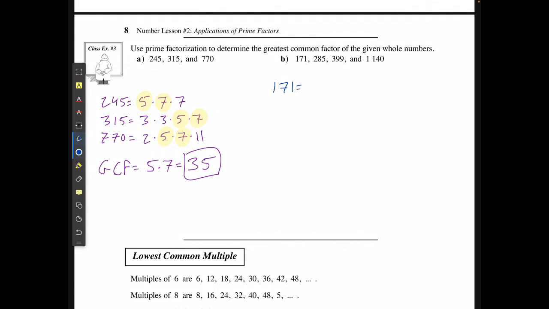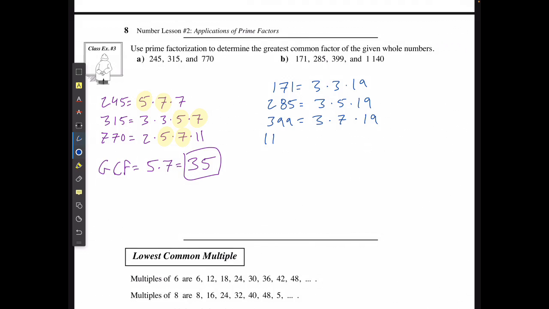171 is the same as 3 times 3 times 19. 285 is the same as 3 times 5 times 19. 399 is going to be the same as 3 times 7 times 19.